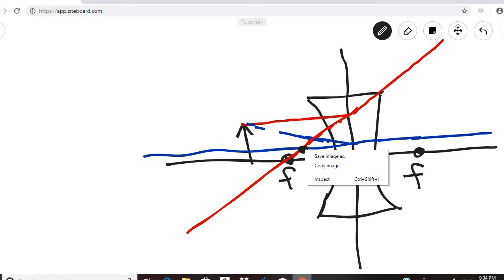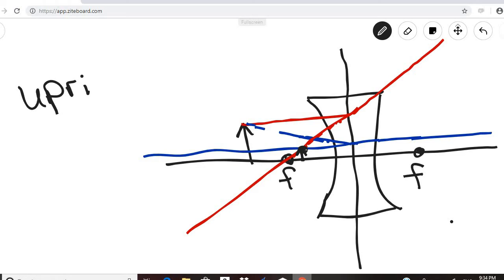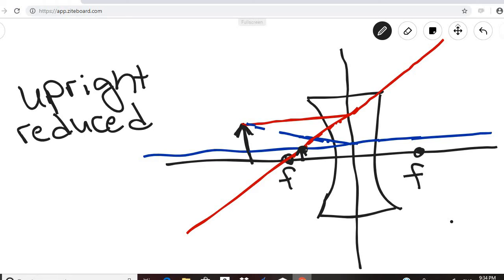Okay, so this is the bottom, so this is the top. So we would say it's upright. And if we compare this to this, we would say it's reduced. And because we had to extrapolate the lines, we would say that it is virtual.